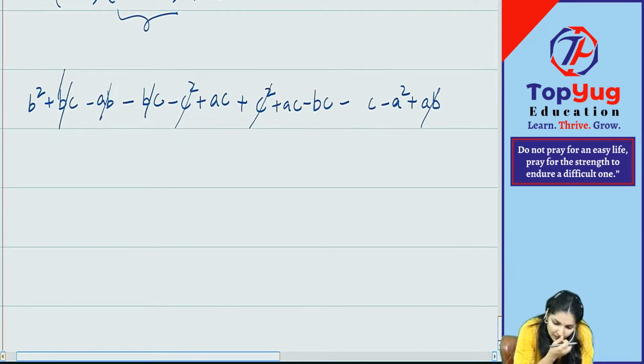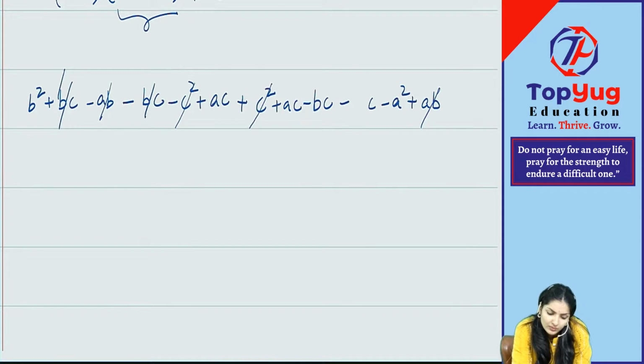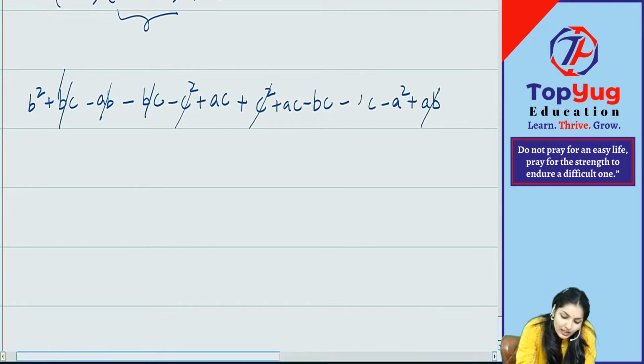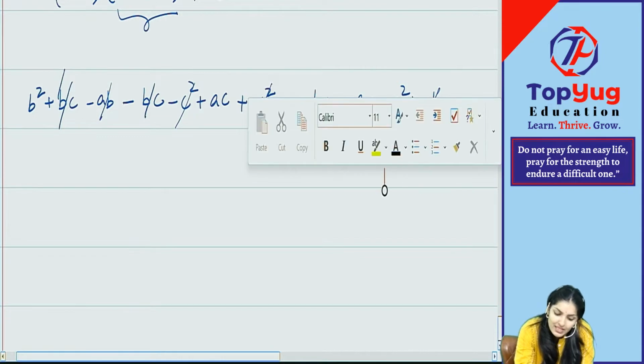Then the last one: c square plus ac minus bc, minus ac minus a square.